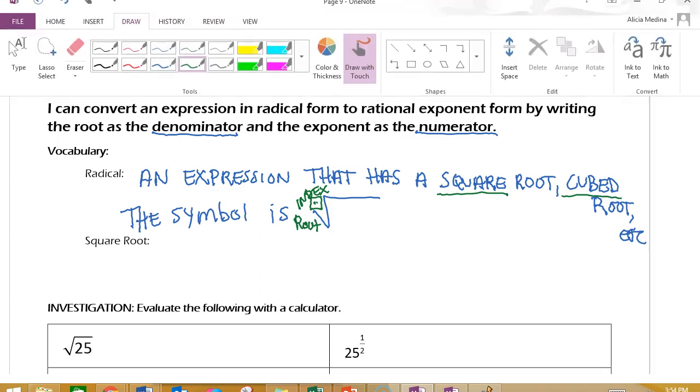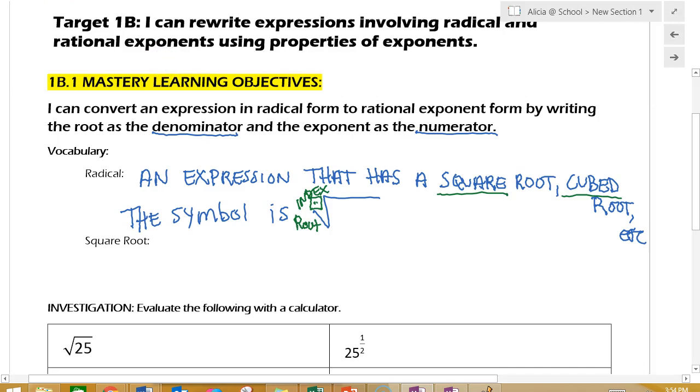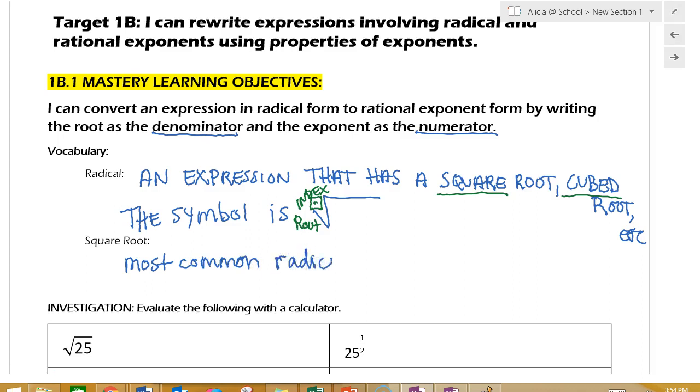Alright, the next vocab word is square root. This is the most common radical, with a root of 2.